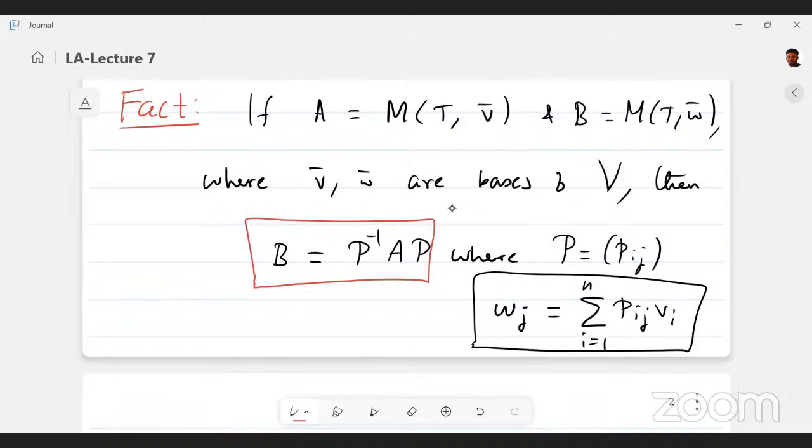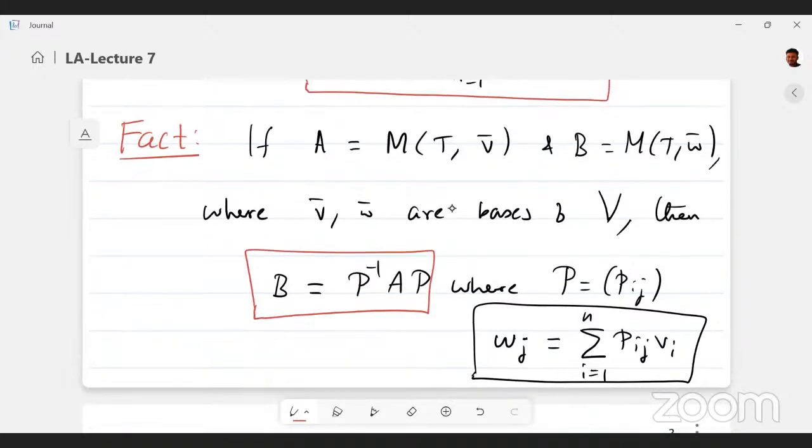So this is a very important fact. If you change basis, then the matrices of T with respect to those two bases will be similar. And I already told you, if you take any invertible matrix P, it is not that hard to come up with this W_j so that the matrix of T with respect to this W bar looks like P inverse AP.